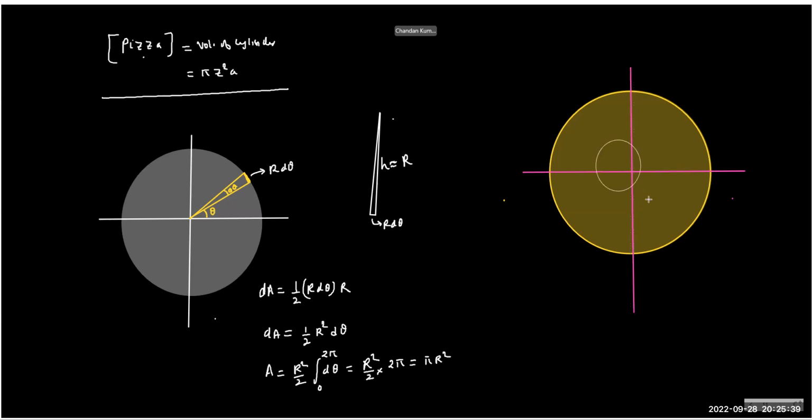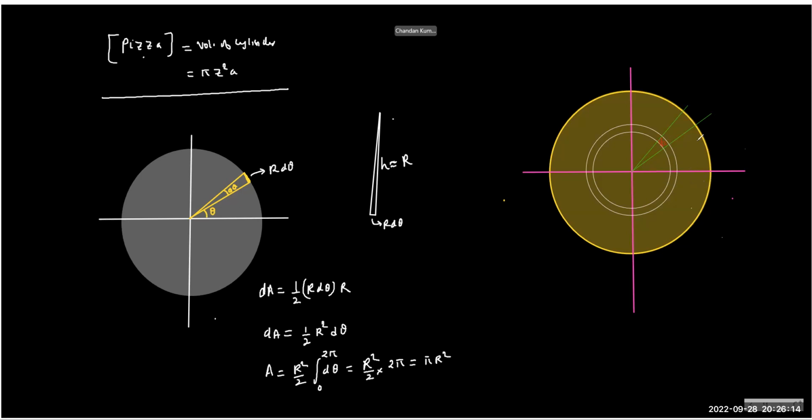So let me draw the first. To make it visible, I'll draw something like this. And I will draw the last one, which was theta. And then you can focus on the common intersection part.